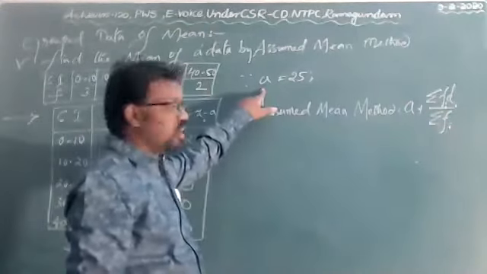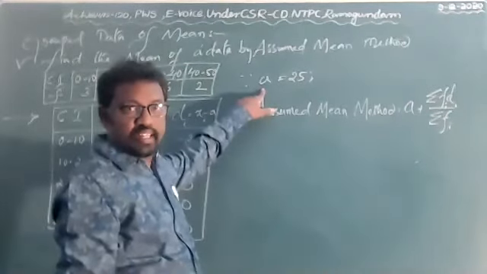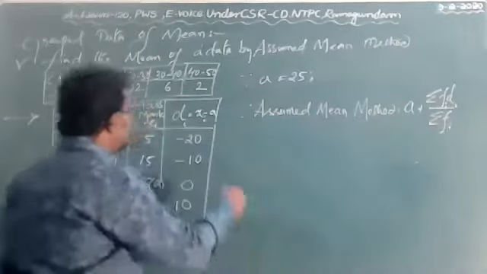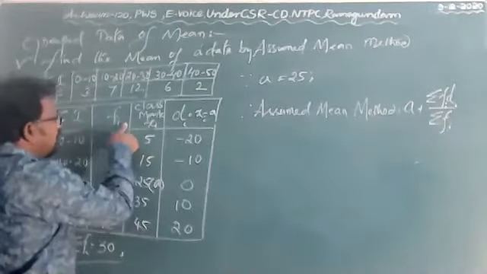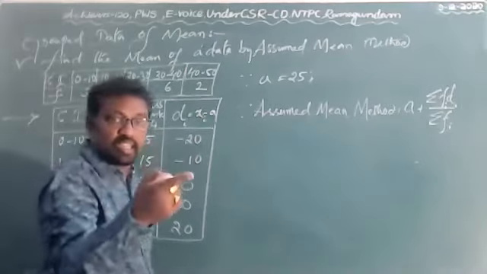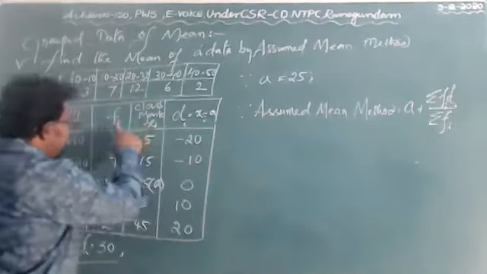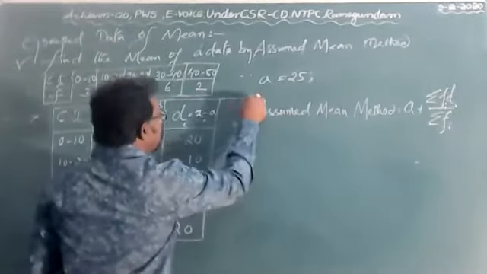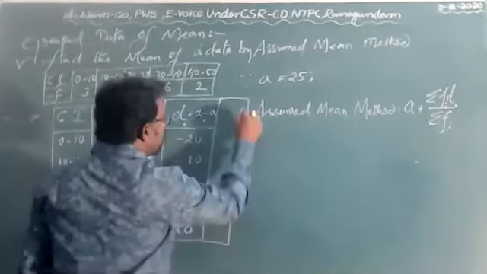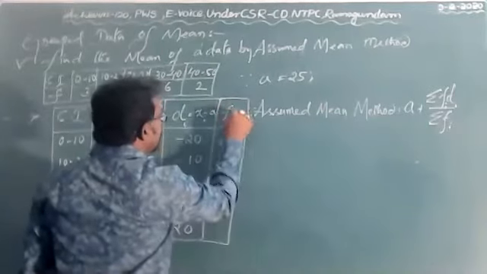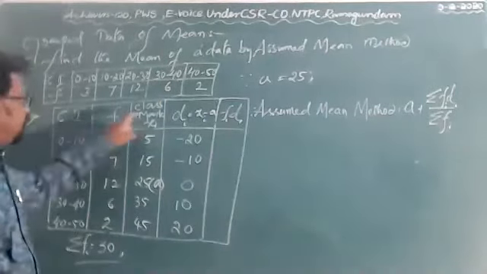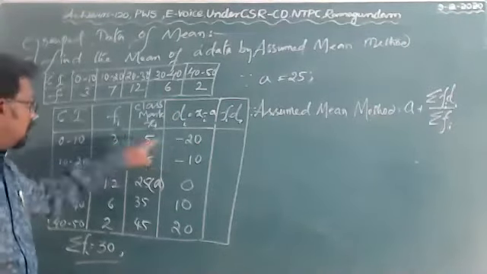You got the A value, that is 25. Sigma FD: F is there, D is there. Previously, in the direct method, we multiplied Fx. Here you have to multiply FD. Take one more column, that is F into D. Now we have to multiply these two.